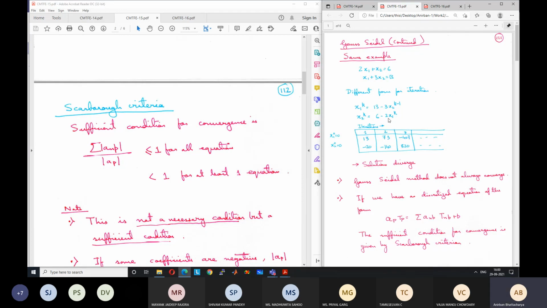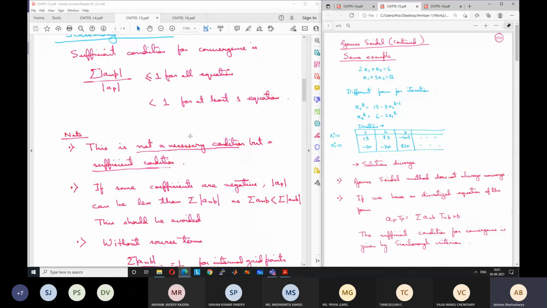In this case, the second equation also does not satisfy. It is 2/1. So Scarborough criteria is not satisfied. It means that we may or may not go to the converged solution. Unfortunately, in this case, we could not go to the correct converged solution. The solution diverged. So we can see from the actual example also the effect of this, and how we can relate this Scarborough criteria.